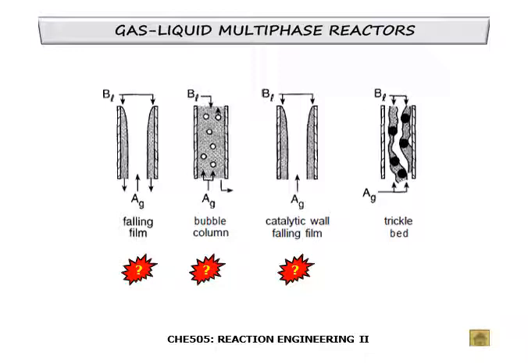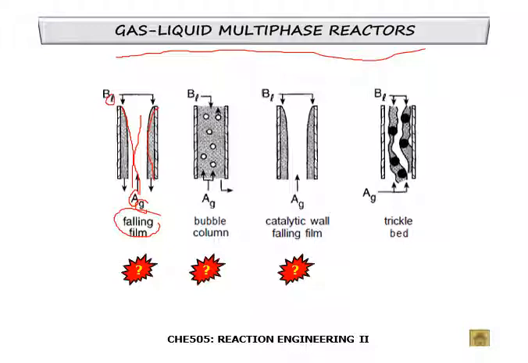Let's have a look at examples of gas-liquid multiphase reactors. An example of a reactor with contact between gas and liquid is the falling film. In the falling film, for example, reactant species A in the gas phase goes through this area, and species B is in the liquid, going through this way. This we call the falling film.